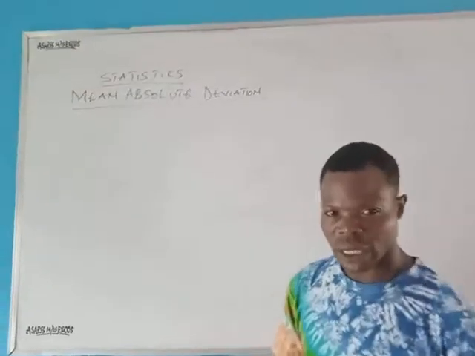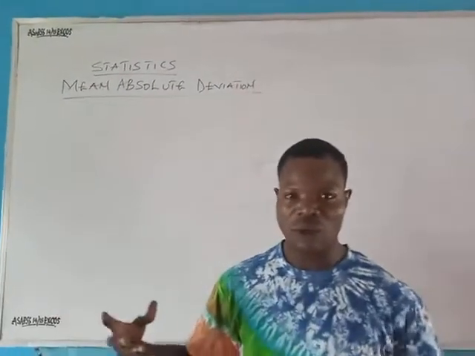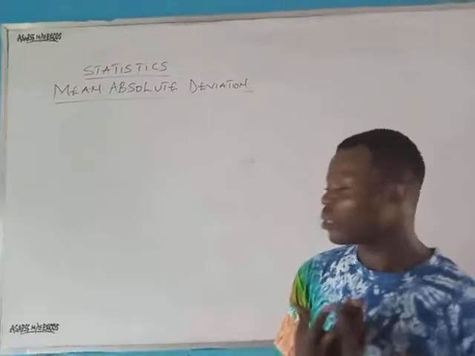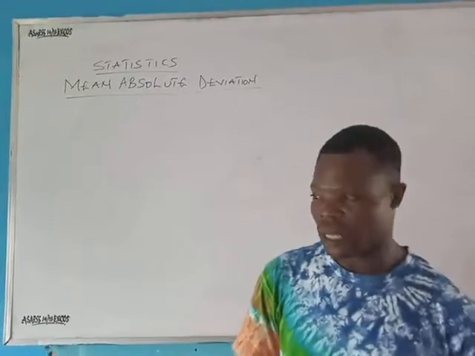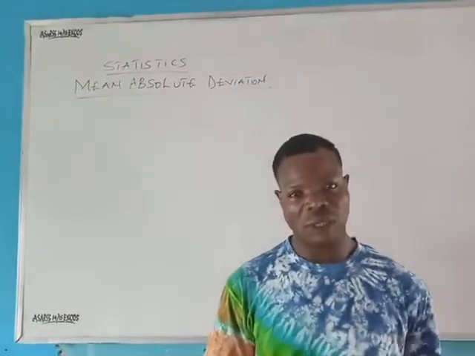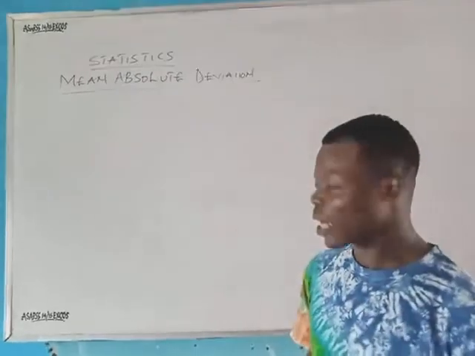It also works like other statistical tools for measuring dispersion or the spread of the data, like variance, standard deviation, and range. All these are tools to measure how spread a given data is.